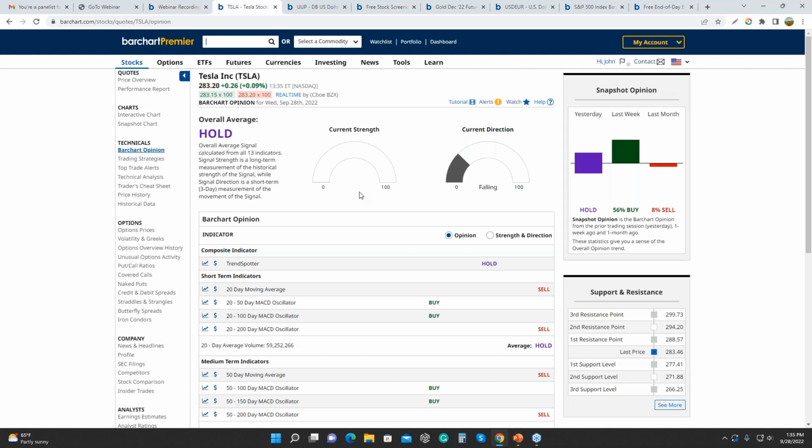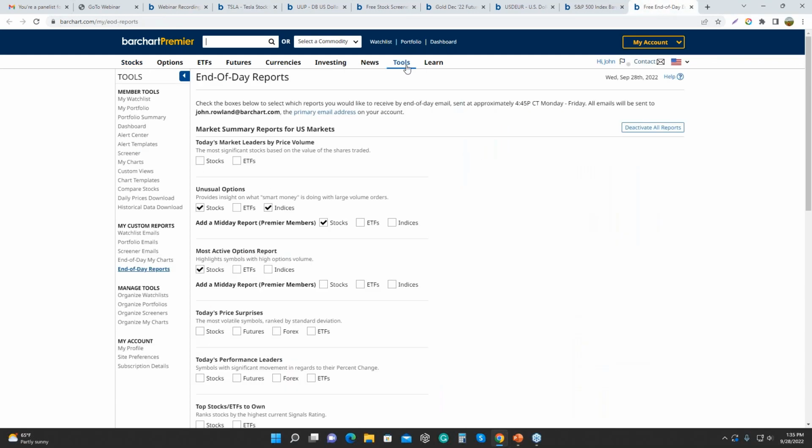So that brings me to another aspect of Barchart, which is kind of cool for us: if I go into my tools section, under tools, there's something called end of day reports.